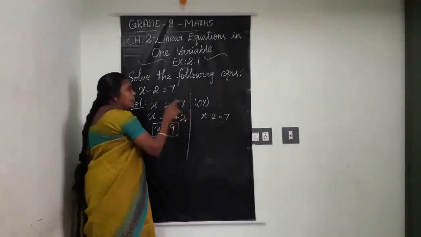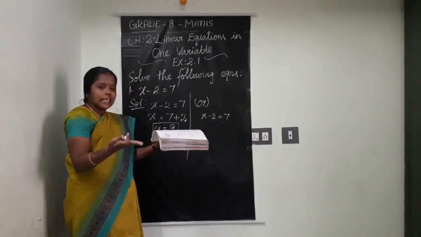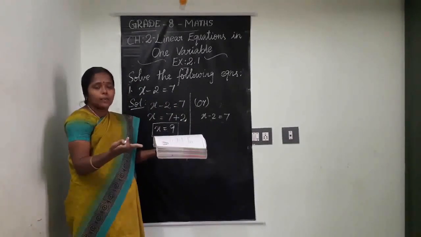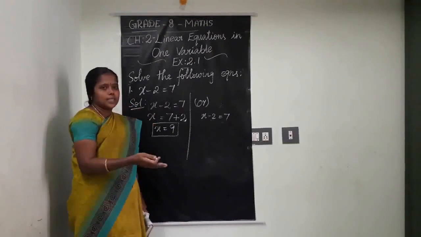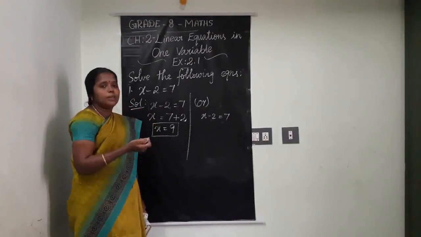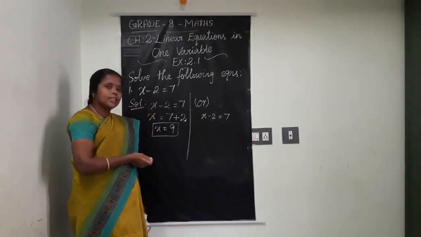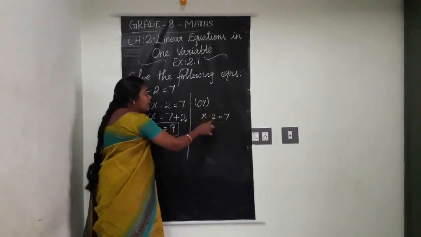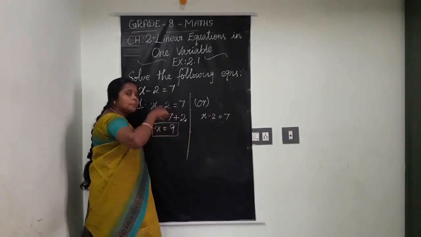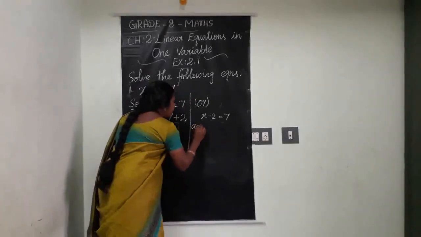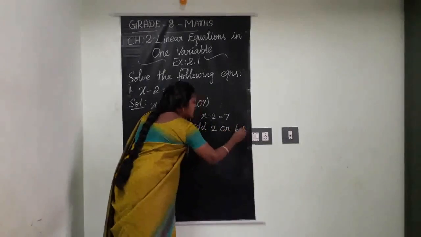So you have to add, subtract, multiply or divide for balancing the equation. Whatever the operation may be, addition, subtraction, multiplication, division, do it on both sides. Clear, children? So for eliminating this minus 2, I am going to add plus 2 on both sides.